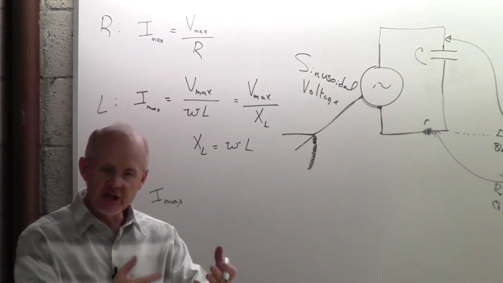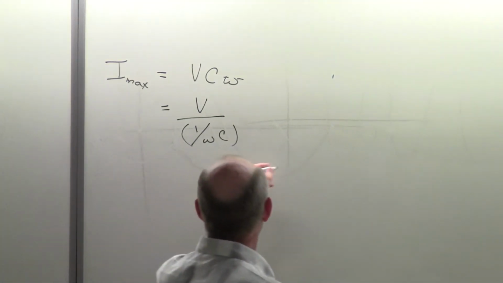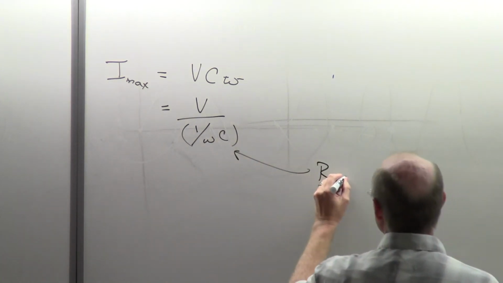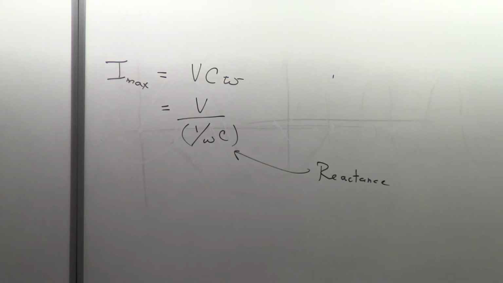But when written in this form, doesn't it look like Ohm's law? Where we have the voltage divided by, and guess what we're going to call this? This is reactance. This is how the capacitor is opposing, it's reacting. It's a capacitor reactance.